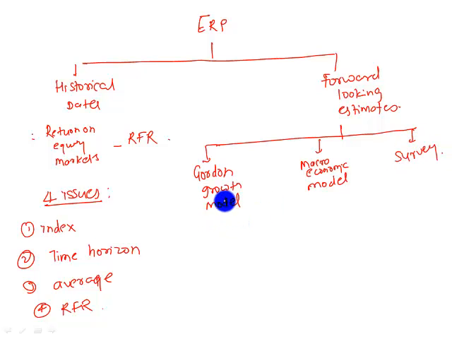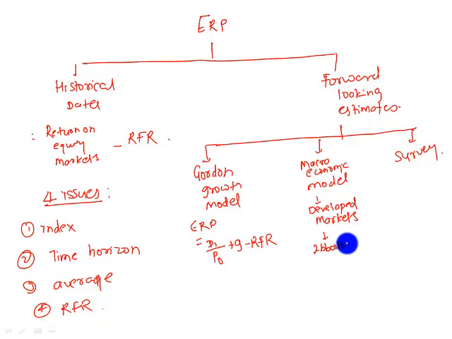Now for Gordon growth model, equity risk premium, we had a formula: D1 divided by P0 plus G minus RFR. Macroeconomic model, we know that it works for developed markets. Which model was given for us? The Shen model.